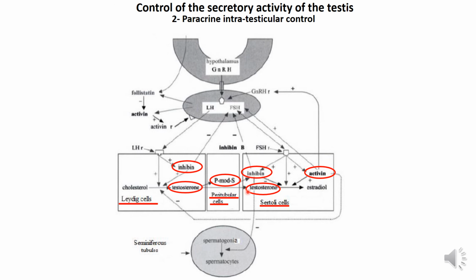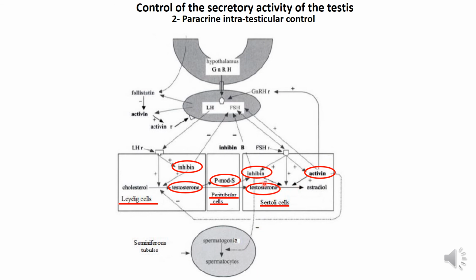And from another side, this testosterone can directly act on the Sertoli cells, will modulate many functions in the Sertoli cells, and will induce the production of cytokines and factors by those Sertoli cells that will have effects on the germ cells divisions and meiosis.